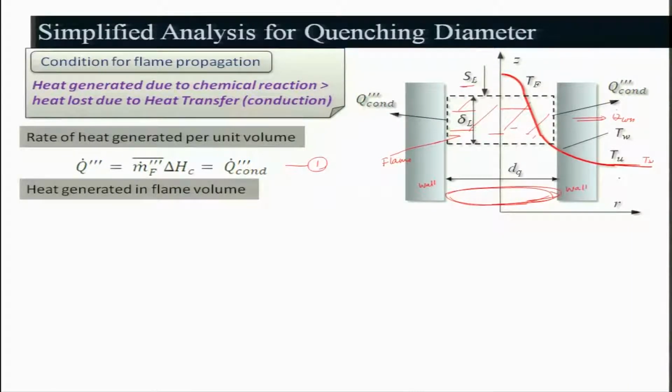So, the heat generated in the flame volume, what would it be? It would be basically Q dot equals m dot triple dash F times delta S C times area. What is the area we are considering? The surface area.